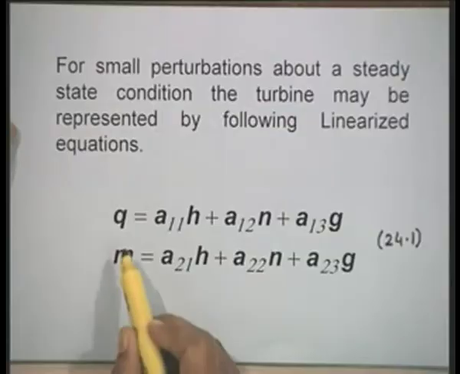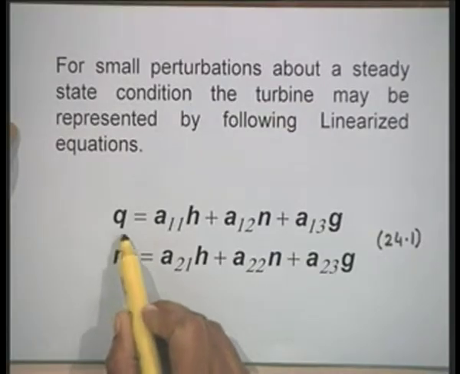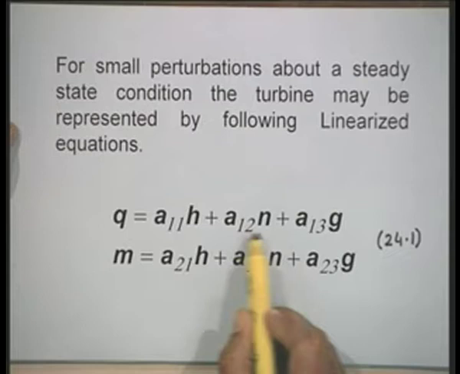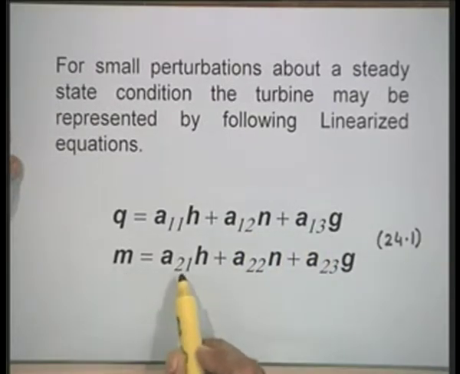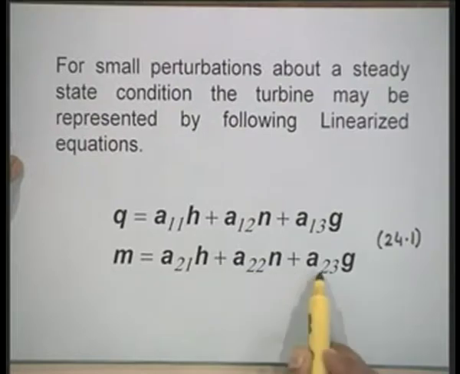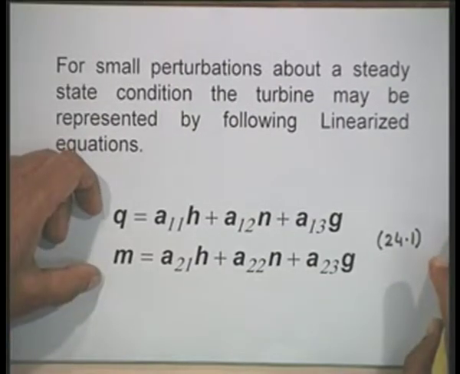Now, when we consider small perturbations about a steady state operating condition, then we can relate the various parameters by linear equations. These equations are Q equal to A11 H plus A12 N plus A13 G, and M equal to A21 H plus A22 N plus A23 G. These two are algebraic equations.